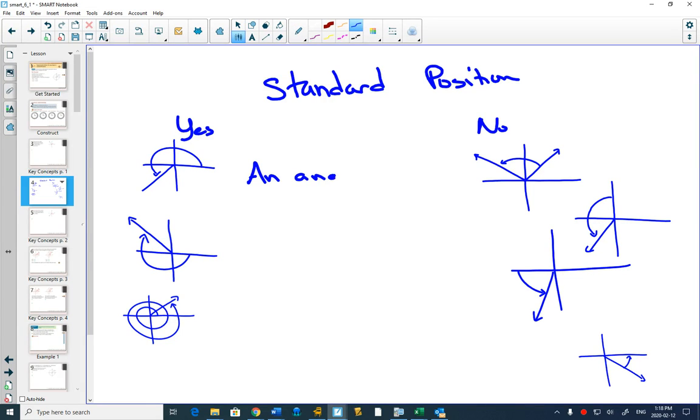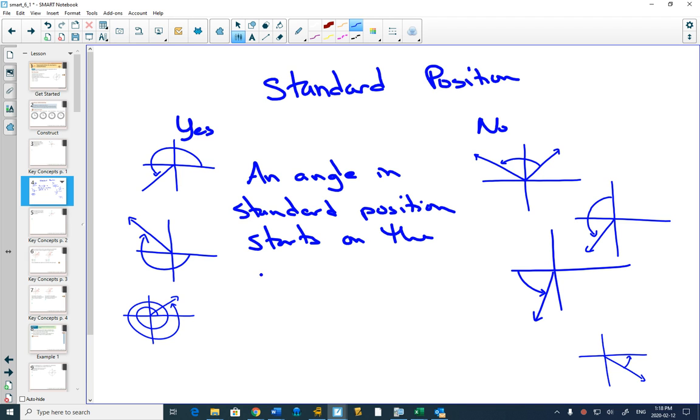An angle in standard position starts on the positive x-axis. And then it goes to the angle. And it doesn't matter which direction it goes.